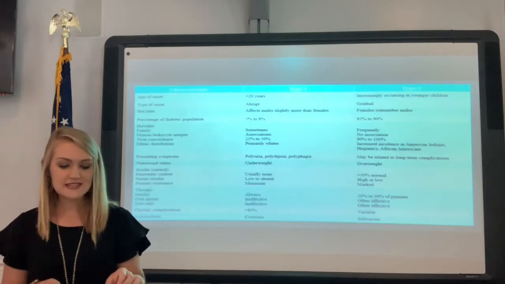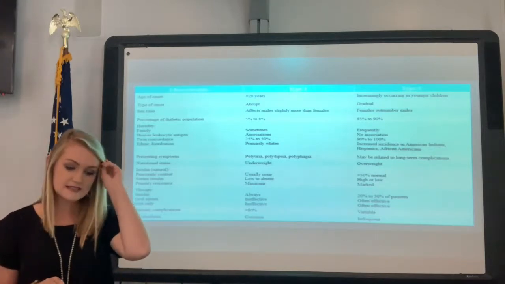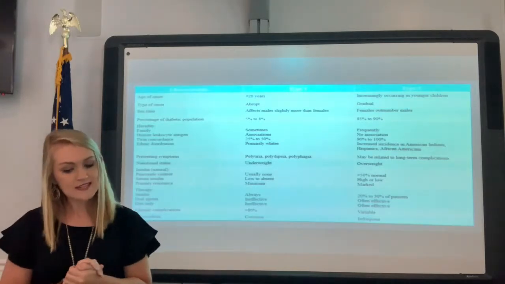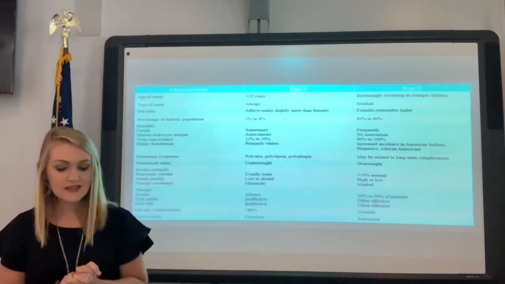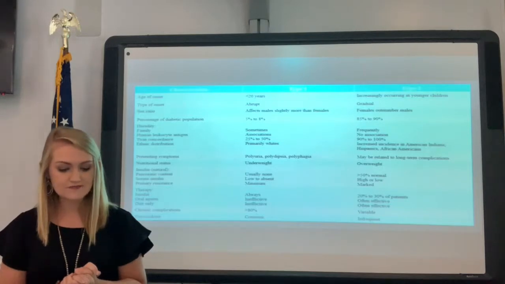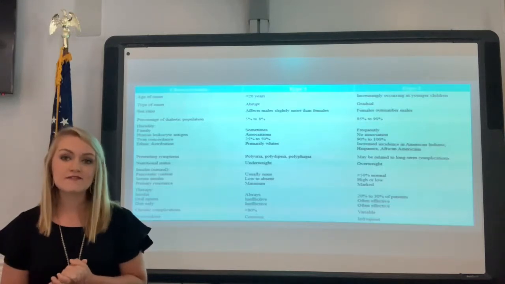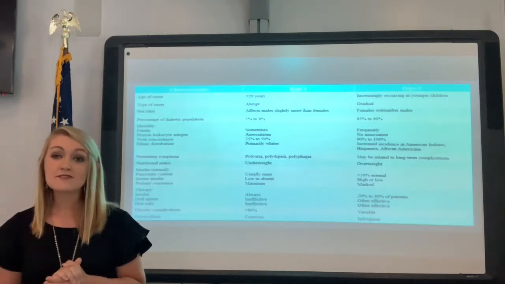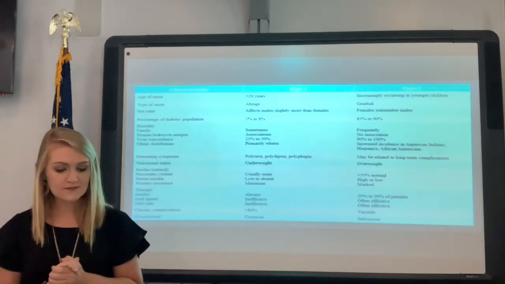So some characteristics of type 1 and type 2 diabetes. The age of onset: type 1 is less than 20, and type 2 is increasingly occurring in children. The type of onset for type 1 is abrupt, and for type 2, it's gradual.